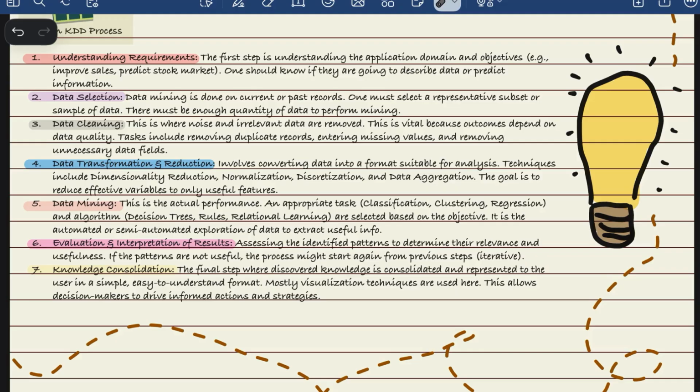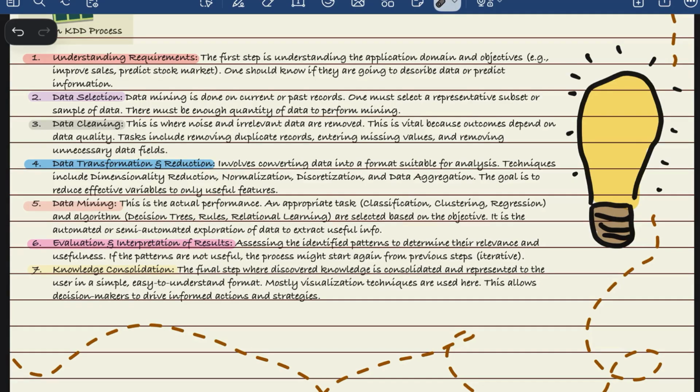This is the actual performance. Data mining is the performance engine. It is the heart of the machine. You choose your specific analytical task, what you want to perform on data. You want to perform classification, clustering, or association rule mining. We'll discuss all this, don't worry.